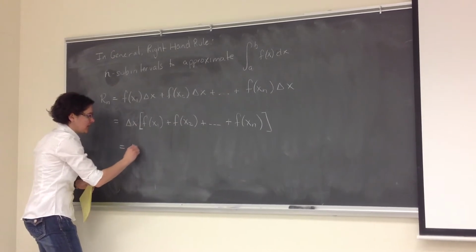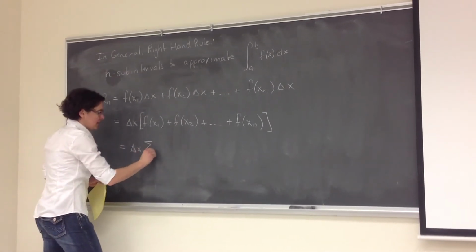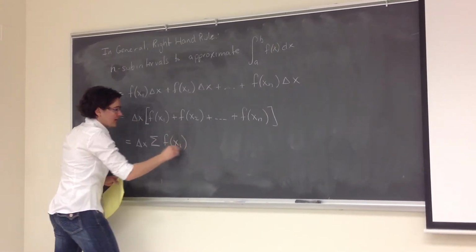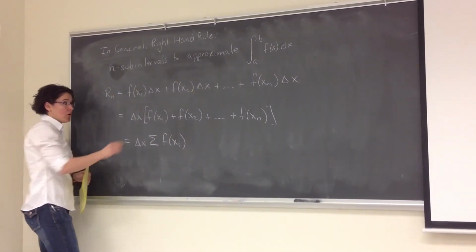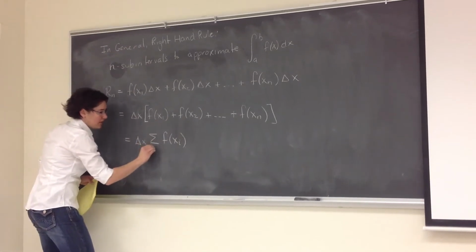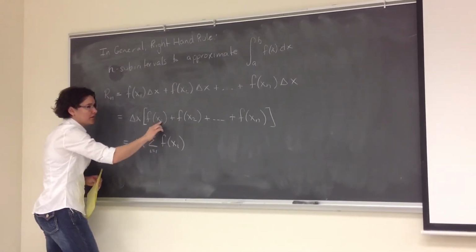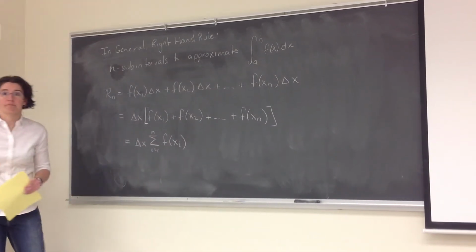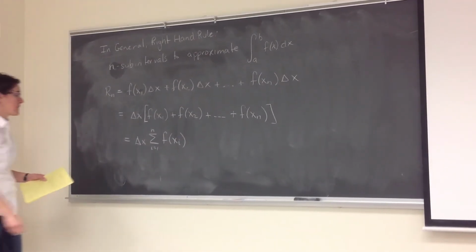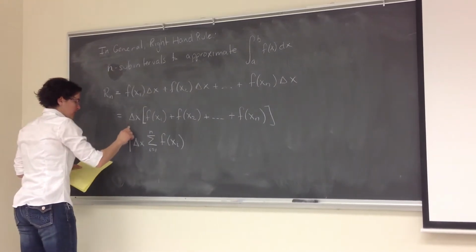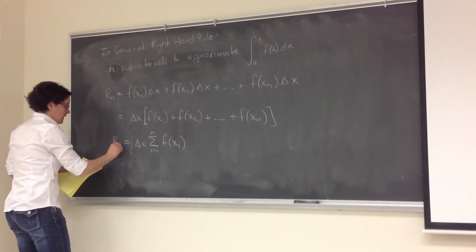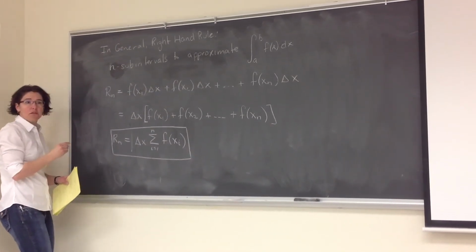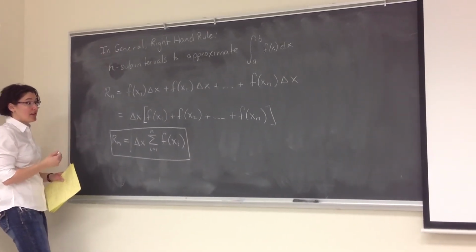And so we might write this as delta x times the sum of the f of xi's, where i goes from 1, then to 2, then to 3, all the way up to n. And so this is technically the right-hand rule for approximating a definite integral.